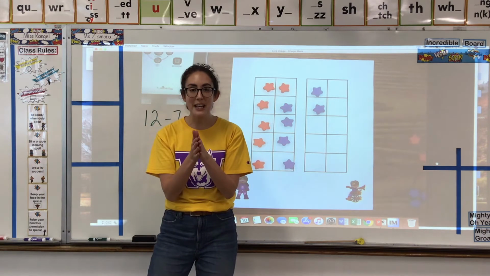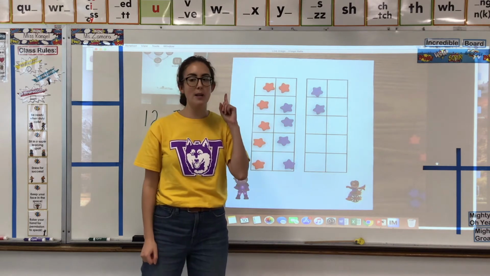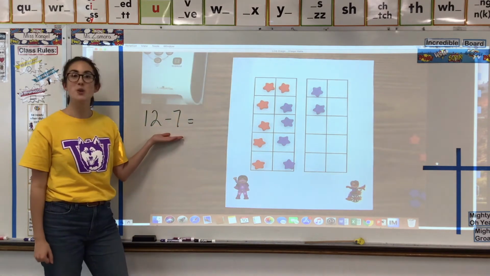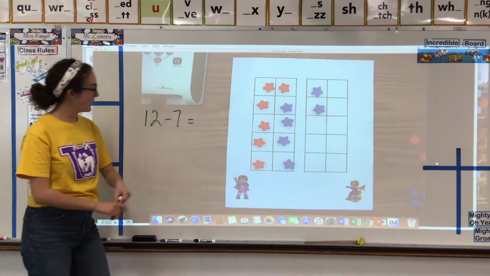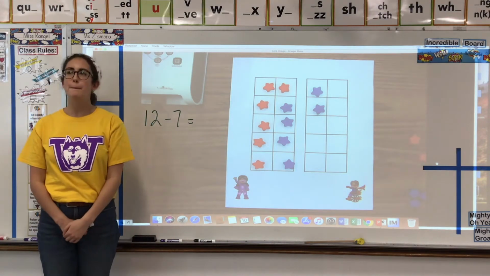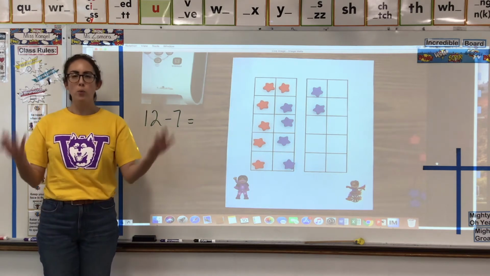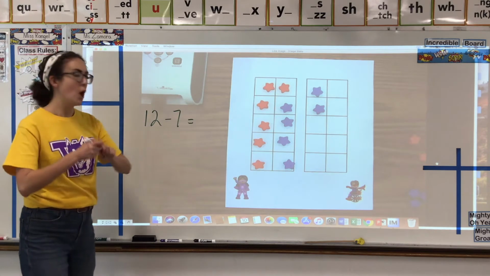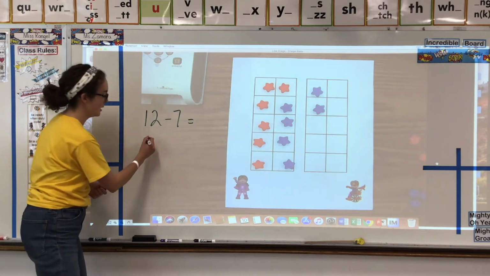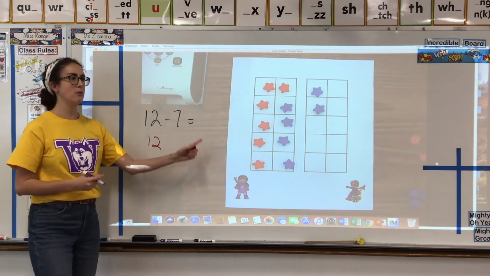Okay, we are going to use our doubles minus 1 strategy to solve 12 minus 7. So second grade, if we're looking at 12 minus 7, what's a double subtraction fact? We already know 12 minus what equals what?